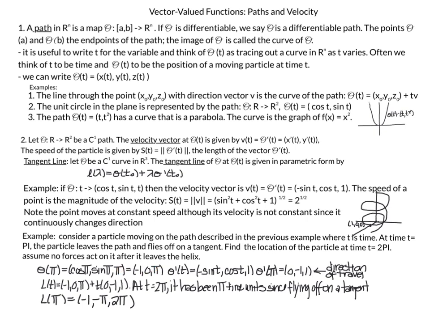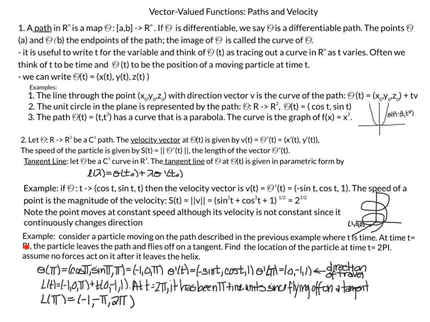We need a direction, and this is a tangent line, so we need the derivative of sigma. The derivative of sigma is negative sine, cosine, 1. We plug in pi, the time when it flies off, and we get 0, negative 1, 1. So this is the direction of our tangent line once it flies off.